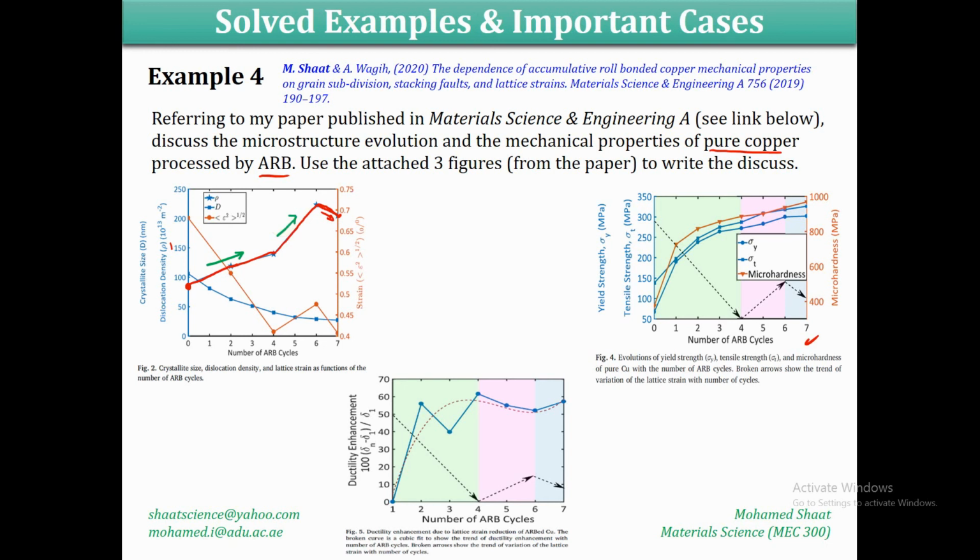There should be something happening to the material microstructure after the 4th cycle that makes the dislocation increase further. In the conventional case, the material after the 4th cycle should reach a saturation case. It means that the curve should continue horizontally, indicating a saturation state of the dislocation. But this didn't happen. So what is the reason?